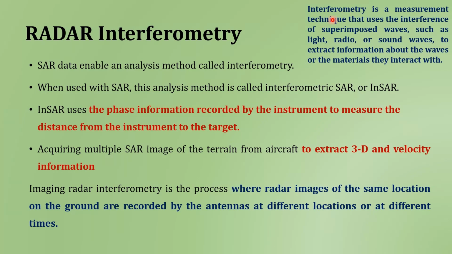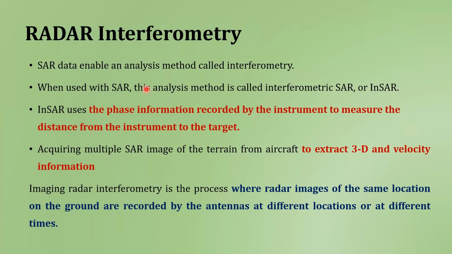So when this interferometry is used with the SAR, this analysis method is called Interferometric SAR or InSAR, and this InSAR uses the phase information recorded by the instrument to measure the distance from the instrument to the target. And by acquiring multiple SAR images of the terrain, it can be used to extract three-dimensional or velocity information.